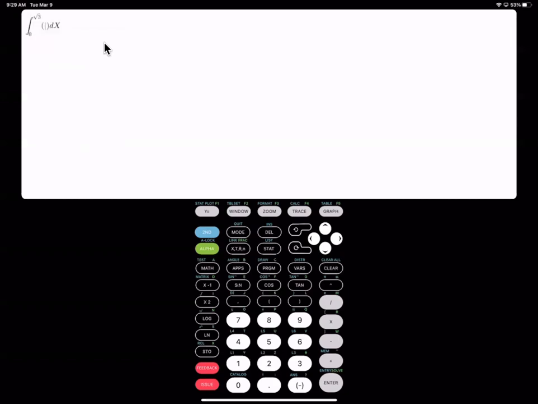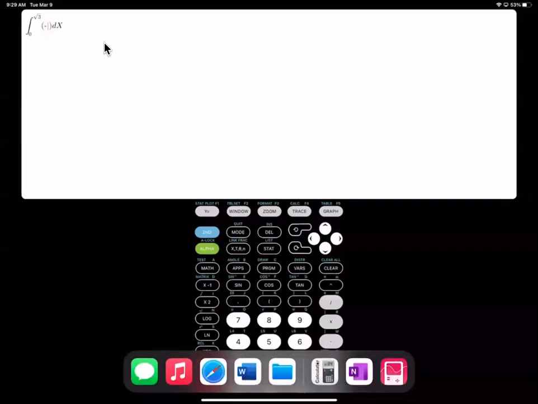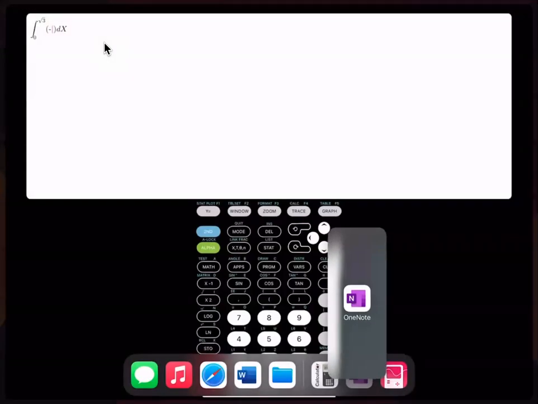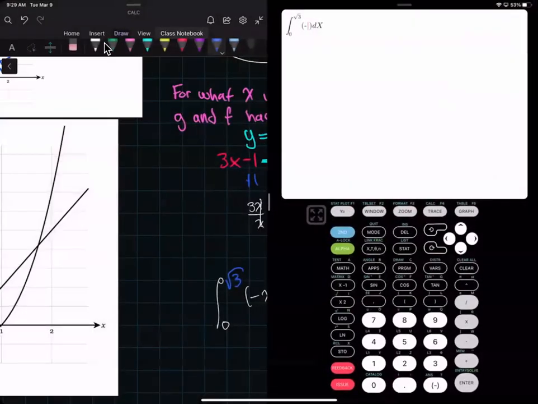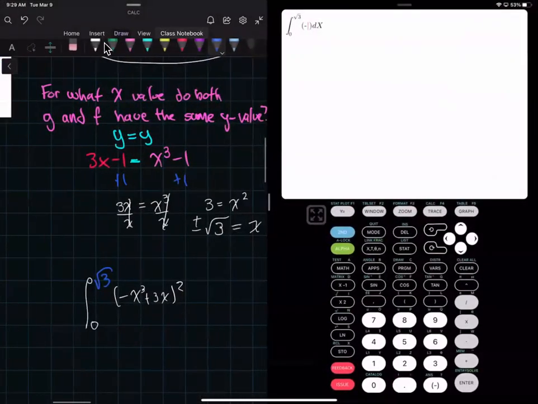All right, so we said negative, was it negative? Yeah, it's negative x cubed. And make sure that you put an extra parentheses. That is going to matter. So negative, let's see, where's my x?